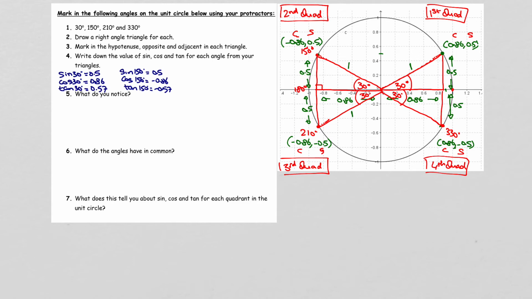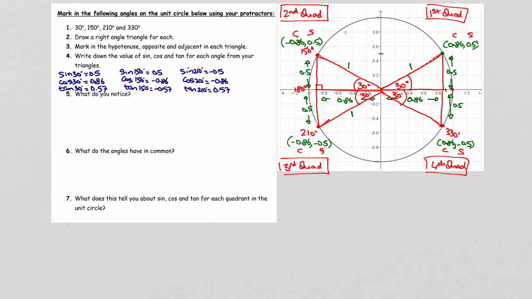And then if I look at 210 degrees, sine of 210 degrees is the y coordinate, which is minus 0.5. Cos is the x coordinate, which is minus 0.86. And tan is sine divided by cos, so minus divided by minus is plus, which is 0.57.